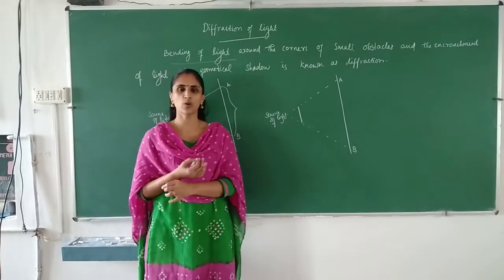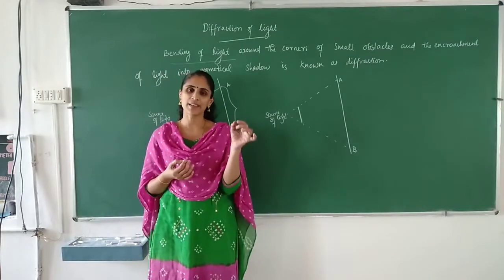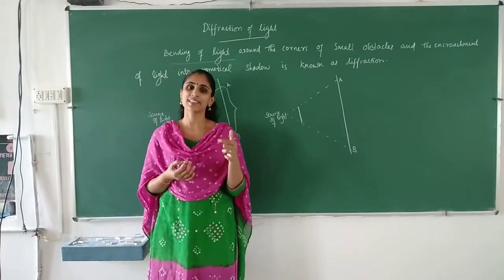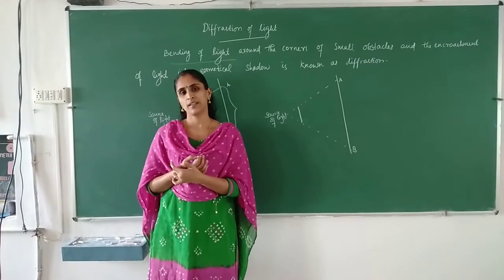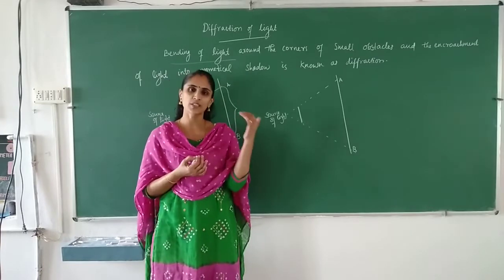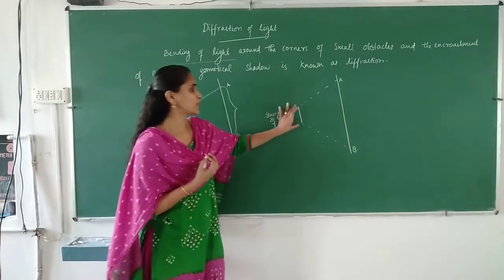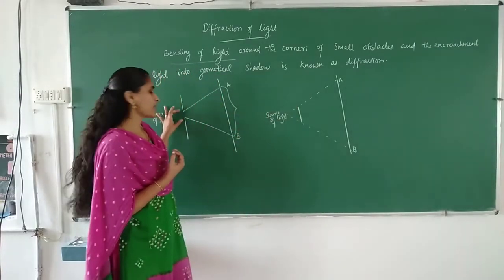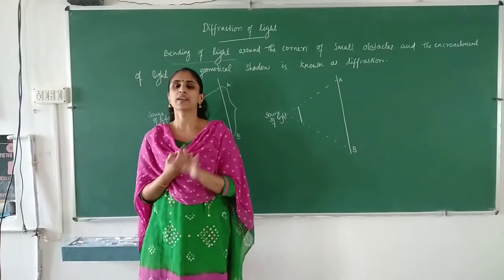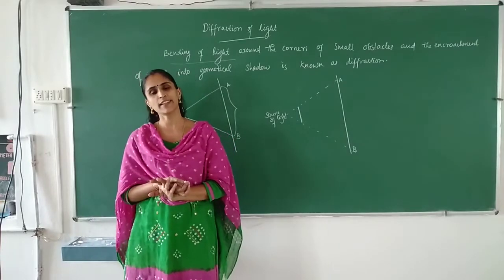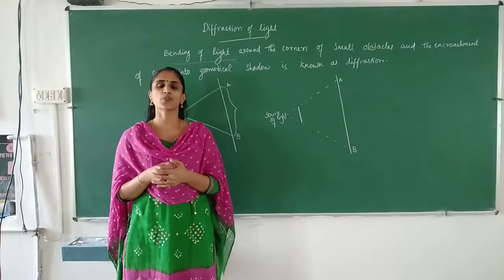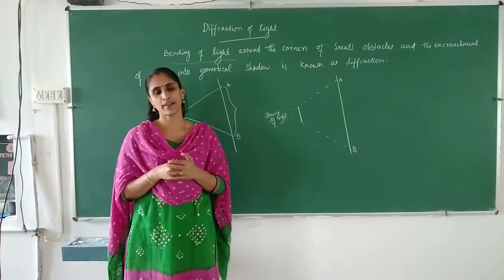The wavelength is very small, because of which the diffraction is difficult to observe. Even so, we can observe it in certain conditions, if the size of the obstacle or aperture is comparable to the wavelength of light.